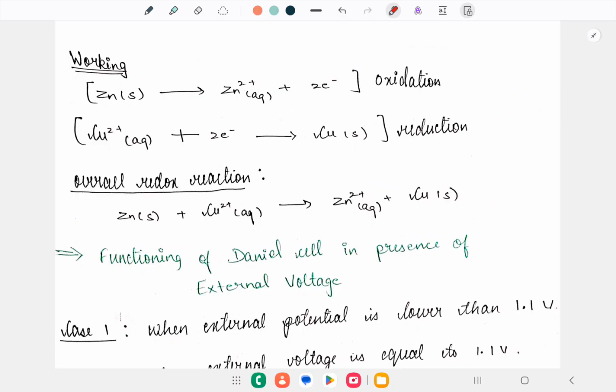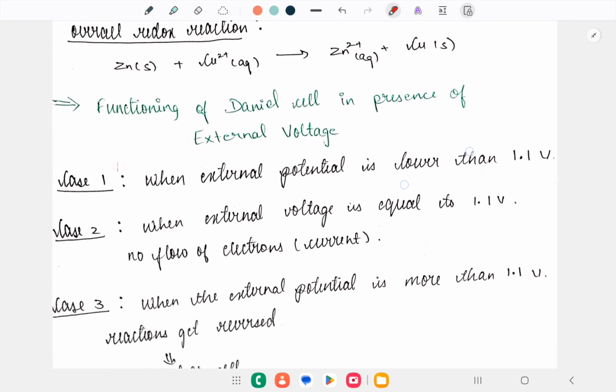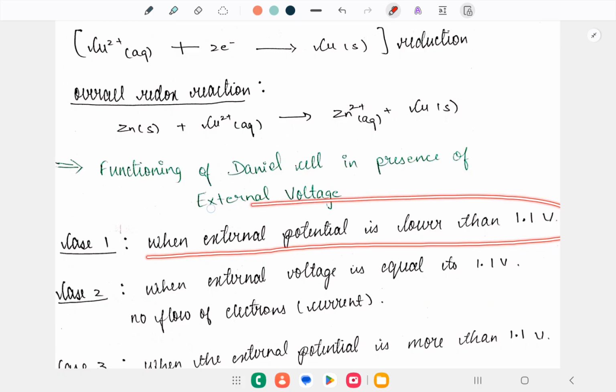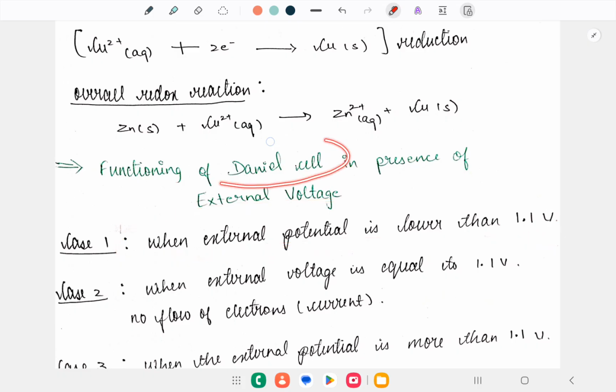Now we will study what will happen if we apply an external voltage to this cell. So in case 1, that is when the electric potential is lower than 1.1 volt. We know that this Daniell cell will produce an electric potential of 1.1 volt.